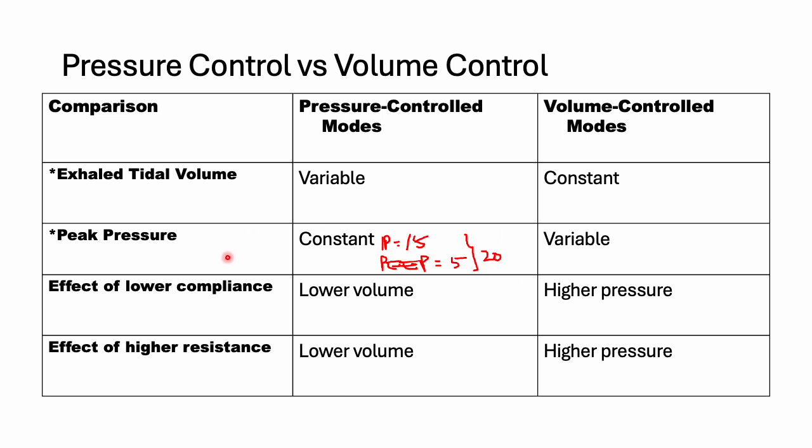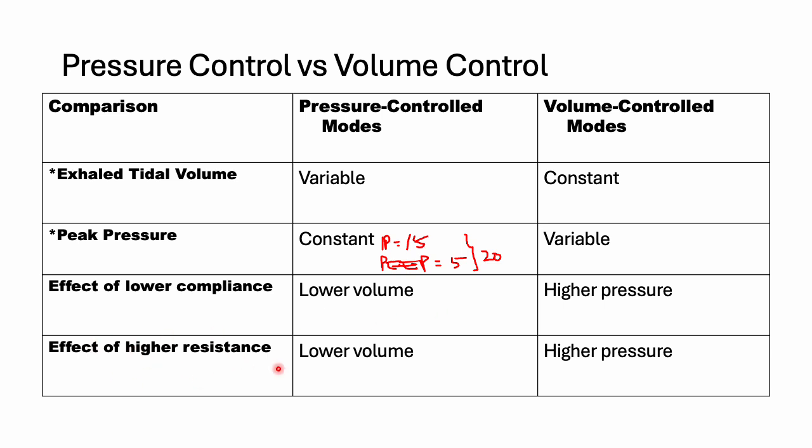Okay, now because this is the constant, in this case the tidal volume is the variable. The variable because depending on the person's lung characteristics, the corresponding return in terms of exhaled tidal volume will differ. In this case, if the lungs are stiff, for the same pressure, the corresponding volume will be lower.